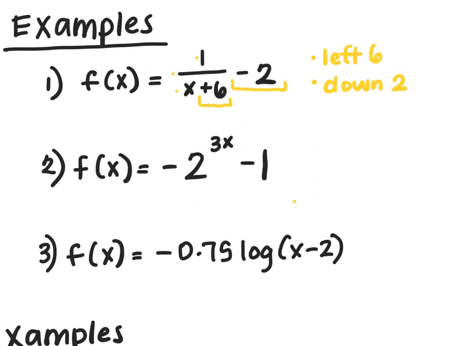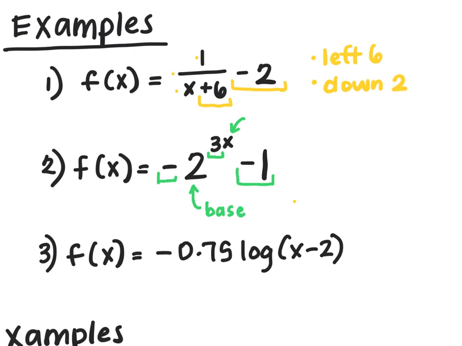When I look at number 2, I want to notice a few things. I see this x in my exponent, so I know it's my exponential function. So I need to think about, what does this minus mean, what does the 3 mean, and what does the minus 1 mean? In this case, the 2 is my base, so that is not a transformation.